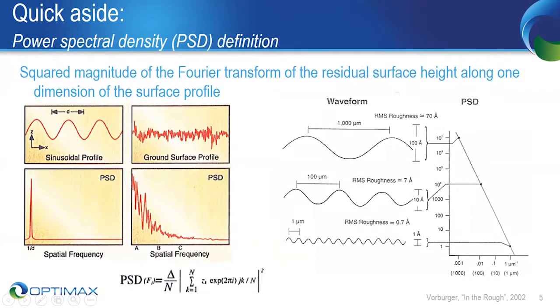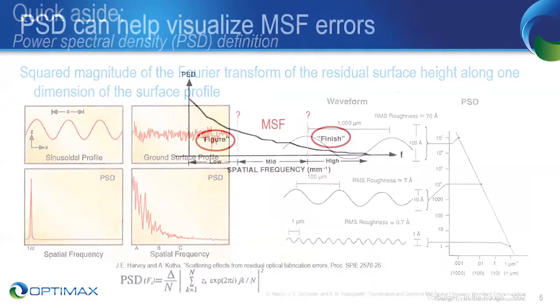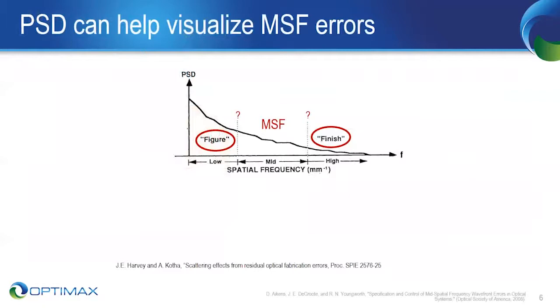The reason I'm introducing power spectral density, or PSD, is that it can be a very useful tool to help visualize mid-spatial frequency errors. This is a great plot, an example that was introduced first by Jim Harvey and then reintroduced by Dave Aikens.